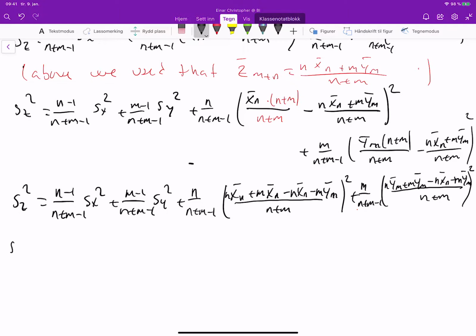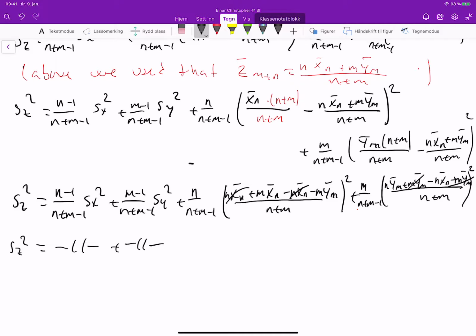And then again, adjust this one plus this one once more. I don't write it. And then we see that this one goes against this one. And this one goes against this one.